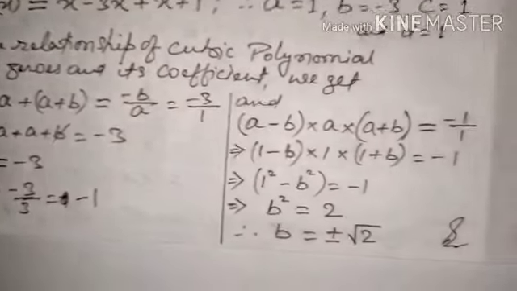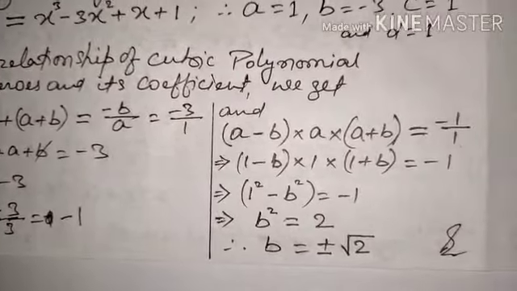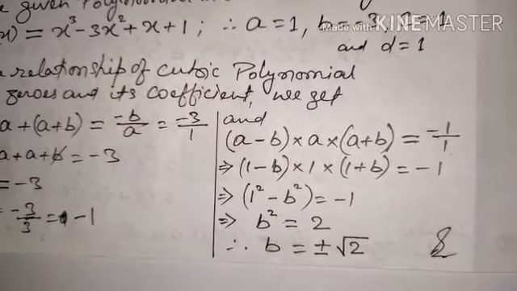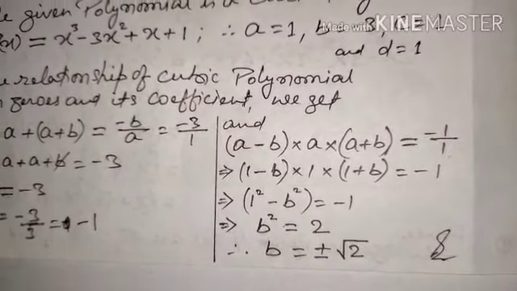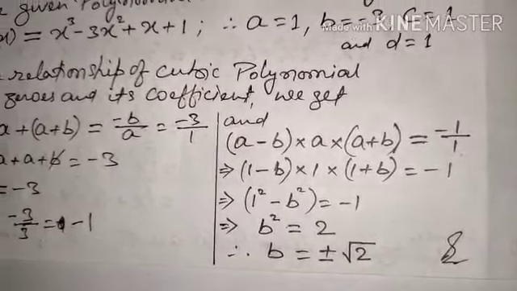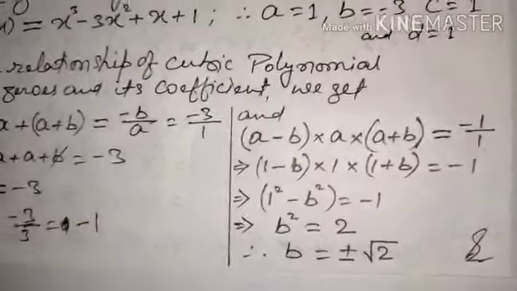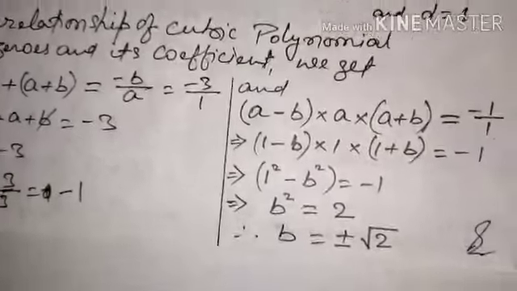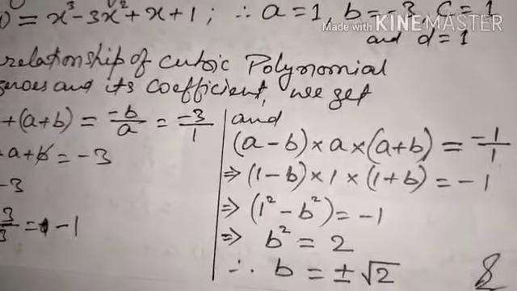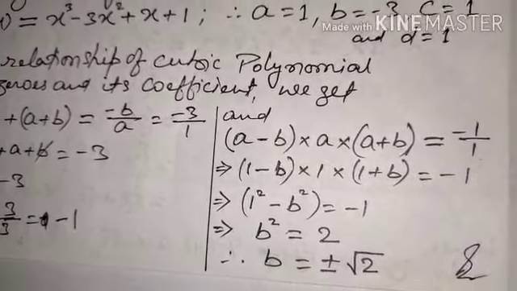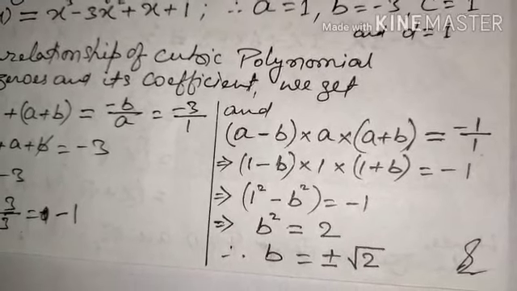Now moving on to find the value of b. We are using the last relation, that is product of zeros is equal to minus d by a. Alpha into beta into gamma is equal to minus d by a. So in place of alpha, beta and gamma we substitute the values: a minus b multiplied by a multiplied by a plus b is equal to minus 1 by 1.